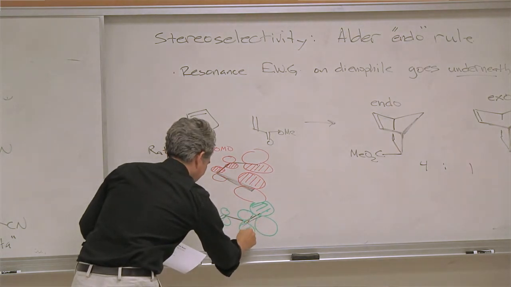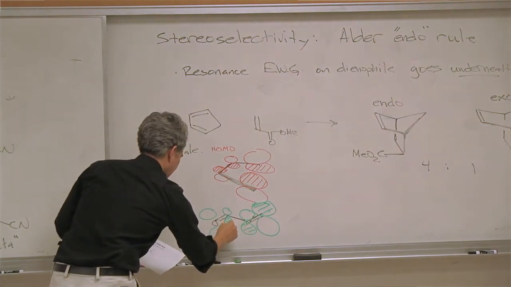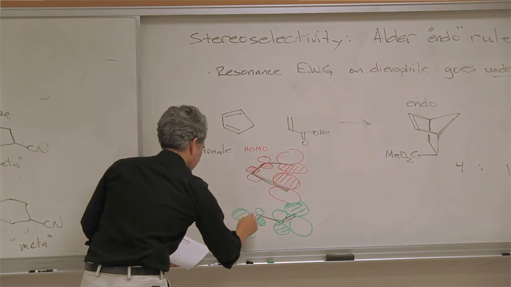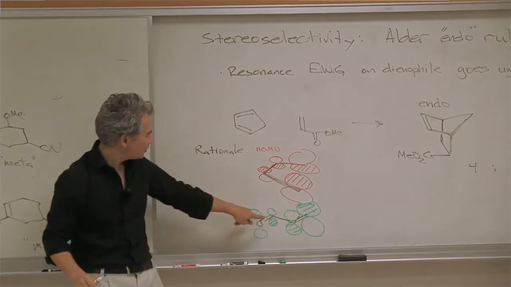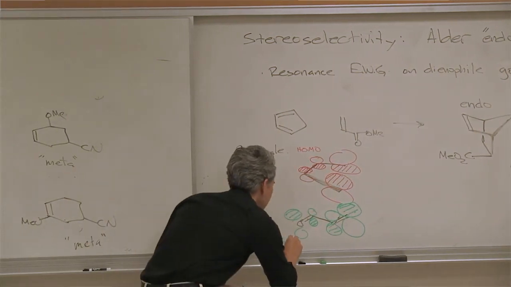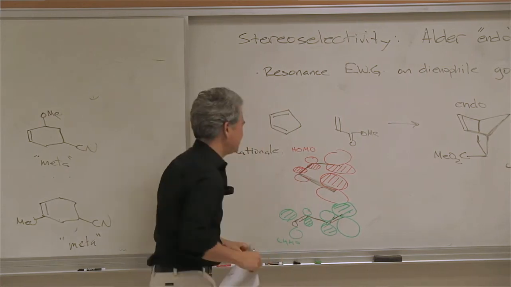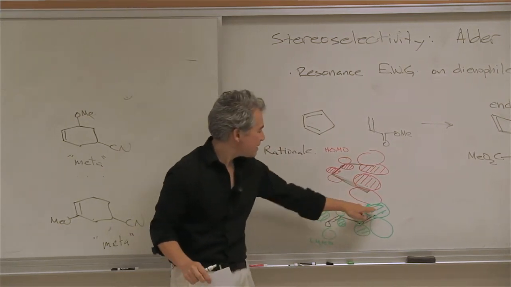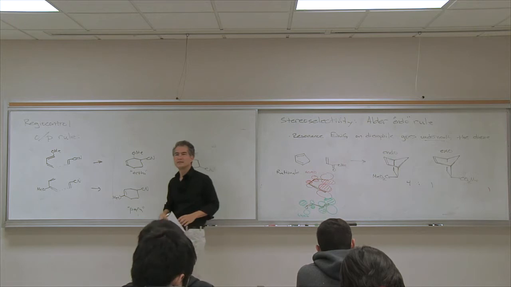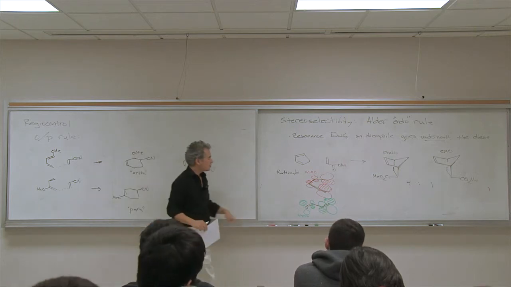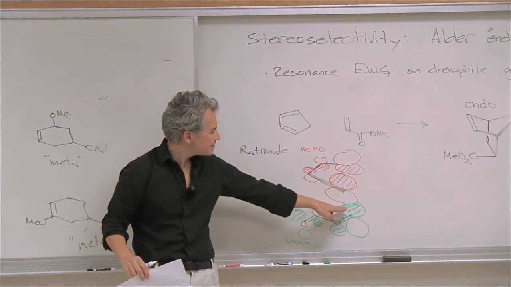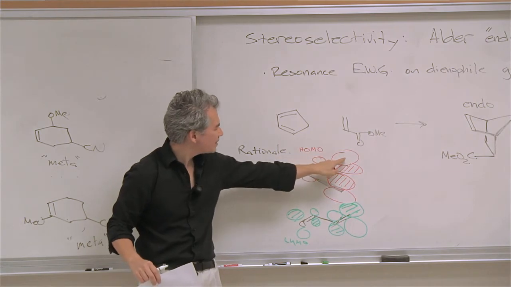Let me make sure I get the phasing right. So now for the LUMO of the diene, I'll write LUMO down here. The phasing is the same on the ends instead of opposite. So for the LUMO of a diene, the phasing is the same on the ends. For the HOMO of a diene, the phasing is opposite. You flip.